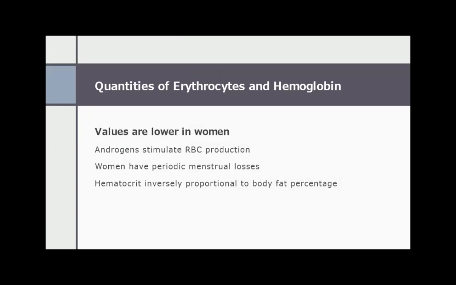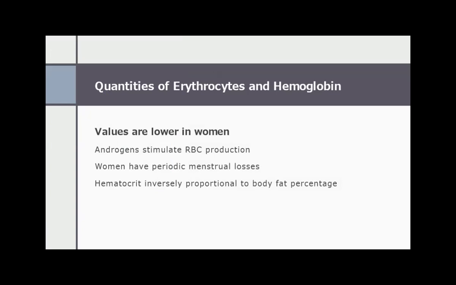In women, we tend to have lower hemoglobin than men, relating to our hormones, our lovely hormones, and our cyclical nature of our hormones. The other part of it is, along with the hormones that control our nature, we also have monthly flow.